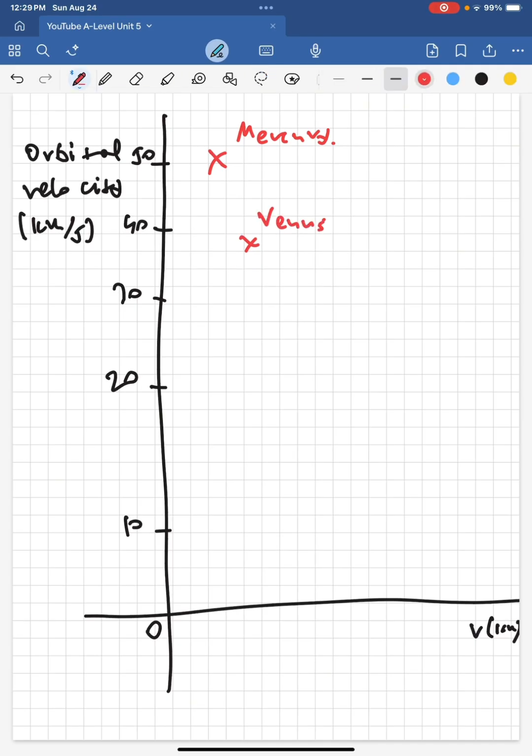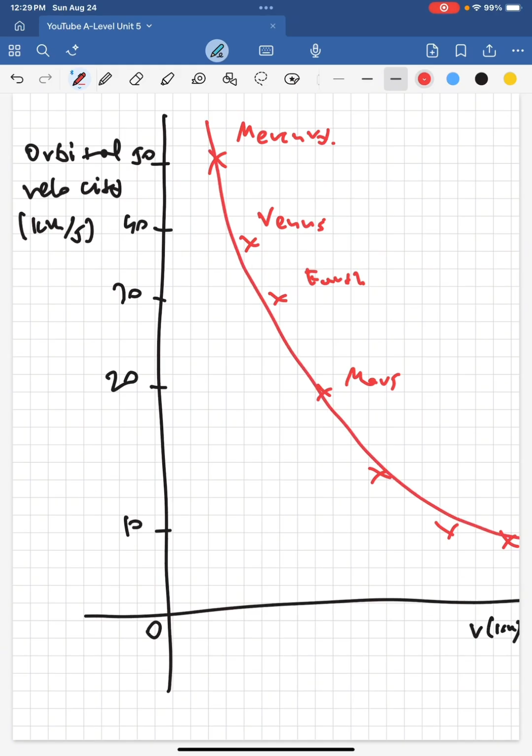Then you have the Earth, which is further out, and it has a speed of about 30 kilometers per second. Then you have Mars down here. I'm not gonna plot everyone, so things look like this in our solar system. The further out the planet is, the slower it moves, pretty much.